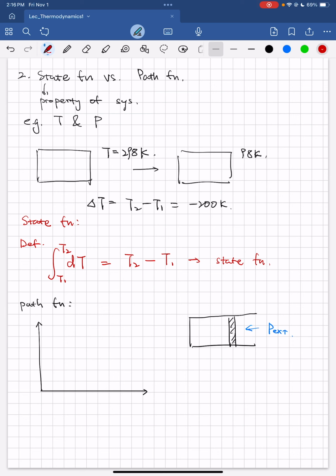Then when we plot the PV curve, it is going to be like this. V1, V2.